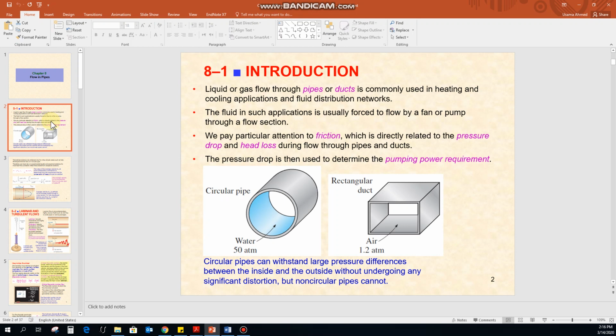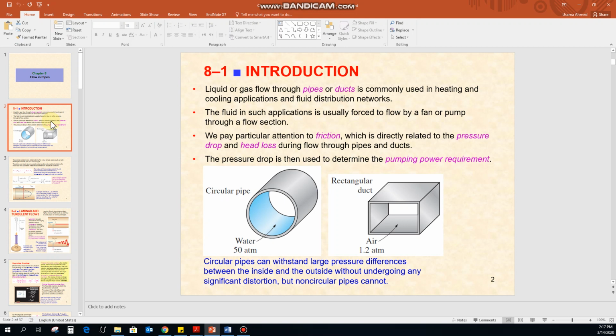The fluid in such applications is usually forced to flow by a fan or pump through a flow section. If we are transporting gases from one place to another, we can use a fan, and if we are trying to transport liquid fluid, we can use the pumps.